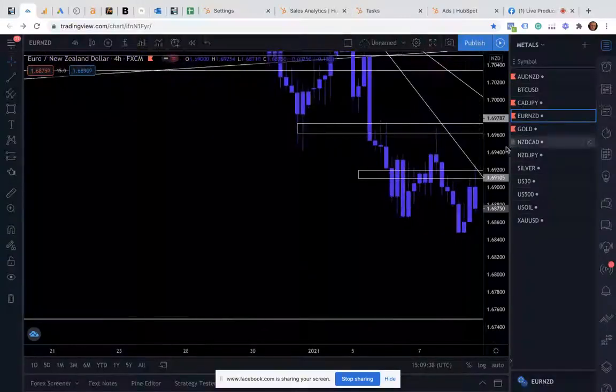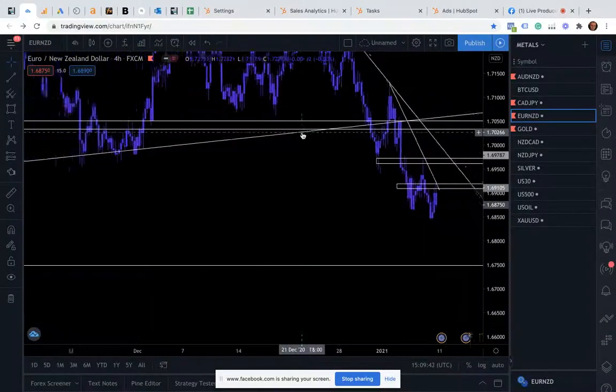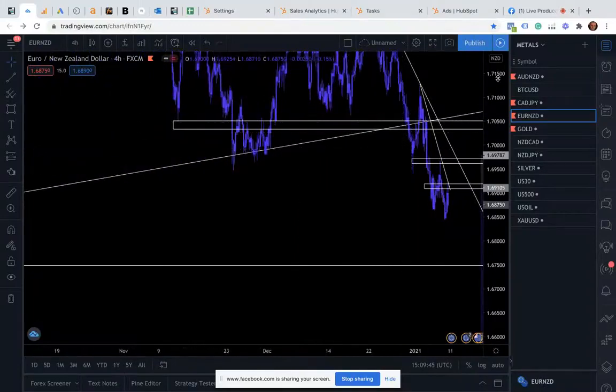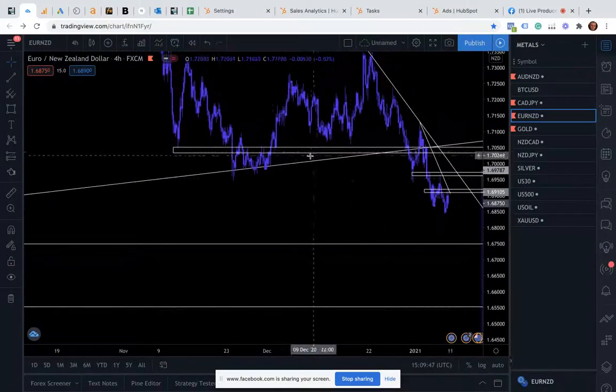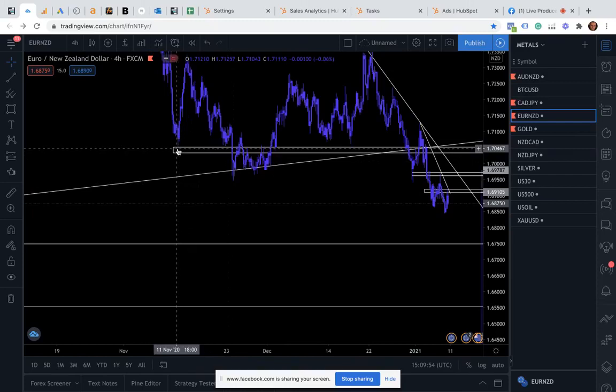So this is the break of the weekly trend line here, and then we've really just marked out this zone here, because this zone for us is what's called a really high impact zone, because as you can see, it's been respected here very nicely.